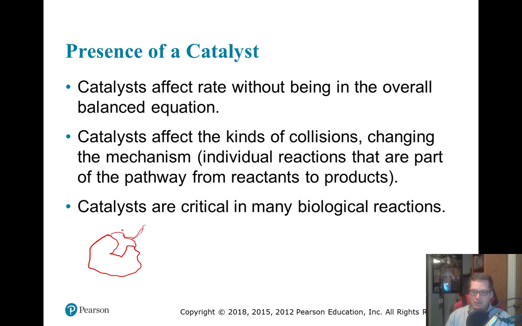Okay, and so when this guy comes in, it'll more likely fit into this spot rather than this tiny hole here or something like this. This isn't a great example. Okay, but essentially what happens is these catalysts are going to change the type of collision. So maybe it'll hold them in place. So instead of both things bouncing around with the chance of hitting each other, it might get them stuck in one location so that it can't move.